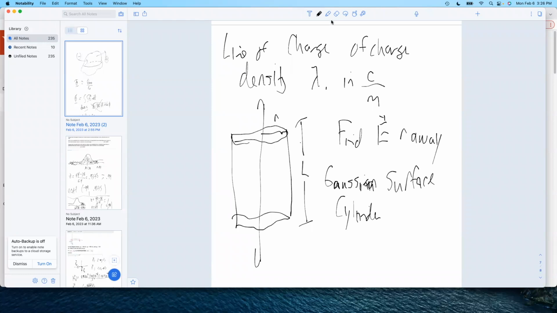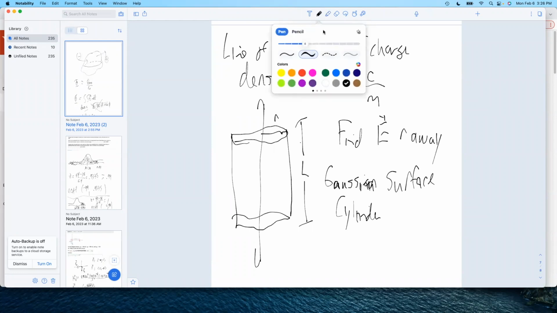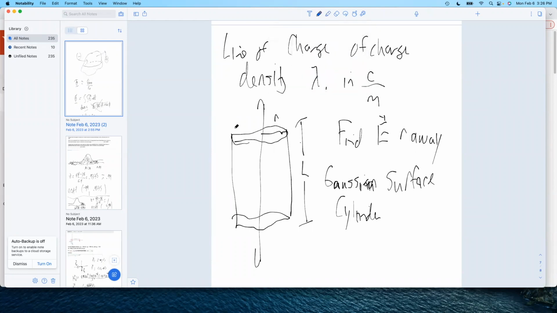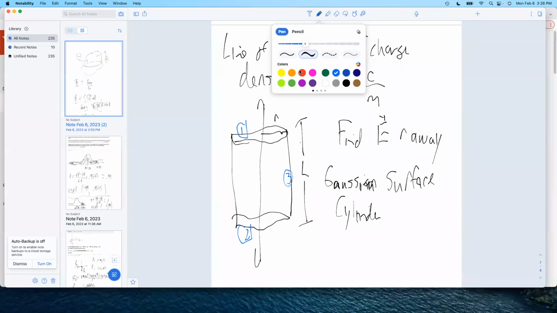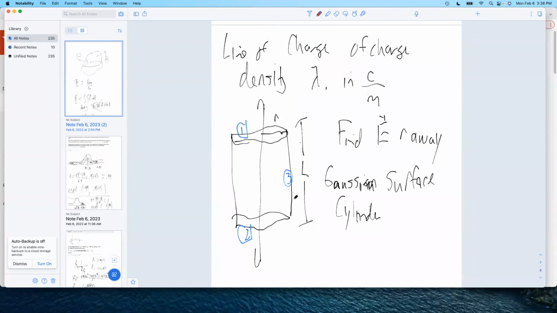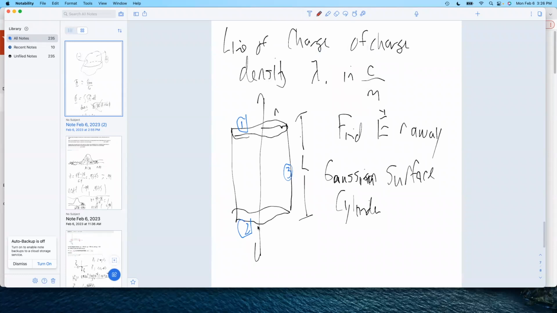Okay, now I have three different surfaces here. Let's call this number 1 up here, surface 1, surface 2, and then think of this as a soup can, the label of the soup can, surface 3. I have to find the flux through each of those surfaces. So the first thing I want to note, I've got this line of charge.